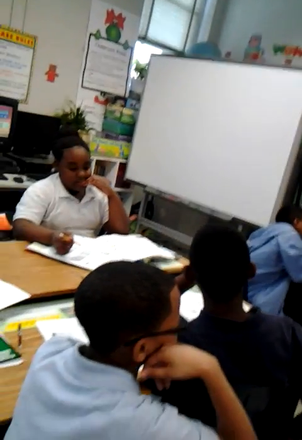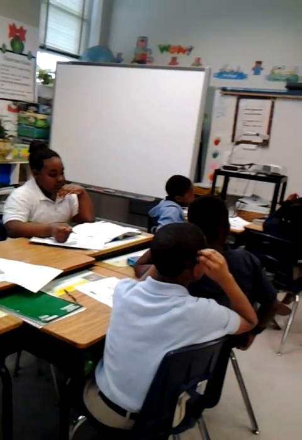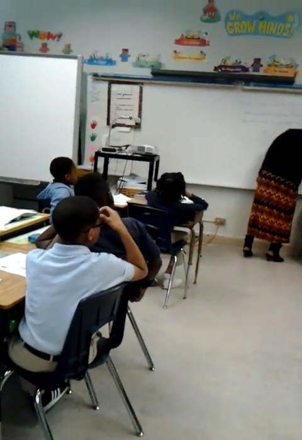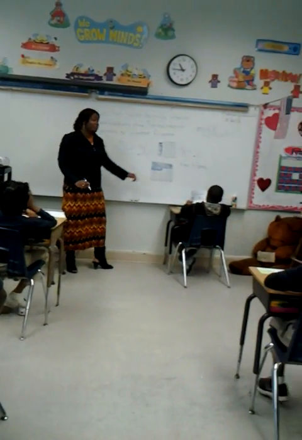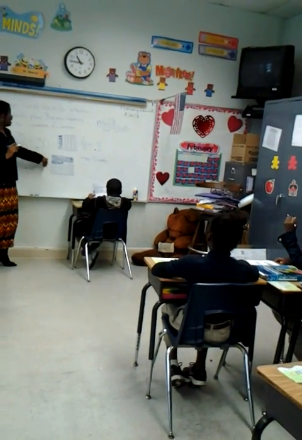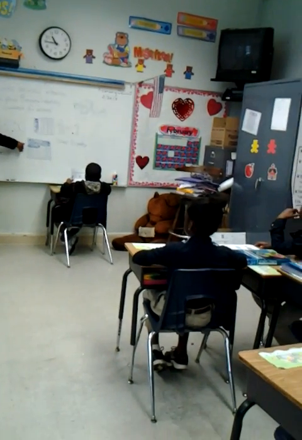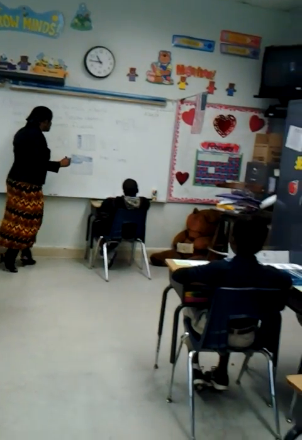Now for each row, there are 10 seats, okay? Now, shaded in were the tickets that have been sold out. These are the seats that are sold, the ones that I have already shaded in.